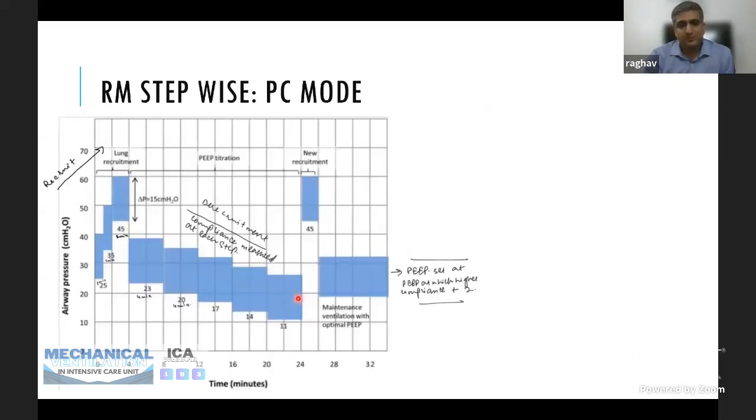Some authors have also described this recruitment maneuver in a stepwise manner, in which they stepwise increase the PEEP. For example, 40 centimeter of water for some 30 seconds, and then 50 centimeter of water, then 60 centimeter of water, and then they give a decremental trial and go back to an optimal PEEP.